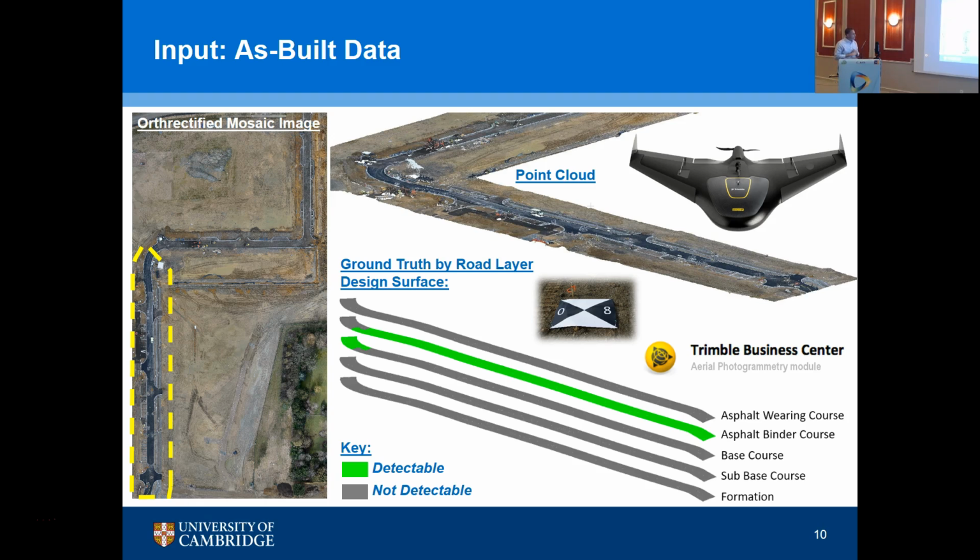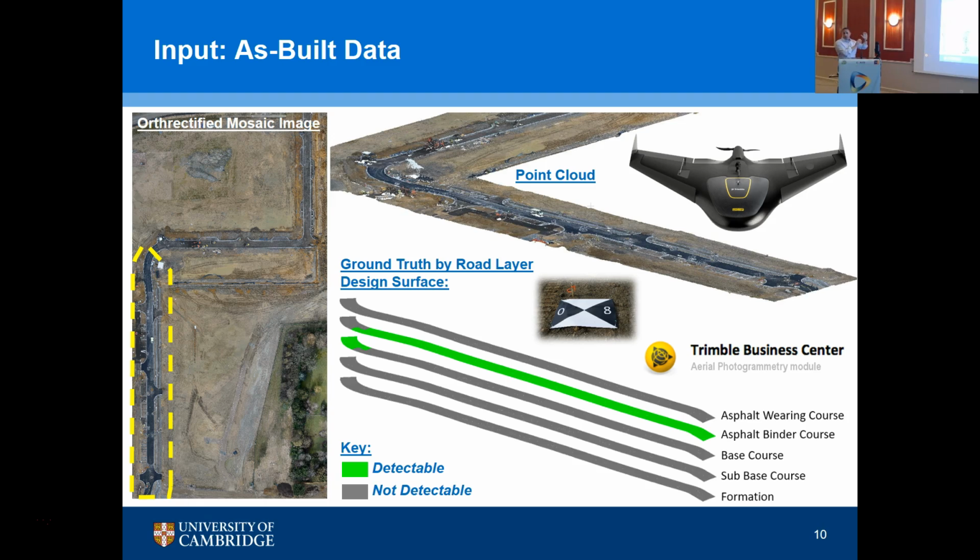We used Trimble Business Center's aerial photogrammetry module for post-processing the data as well. And that gave us the point cloud with an average point density of around 340 points per square meter, so pretty good. And then an orthorectified mosaic image, which you see on the left there.